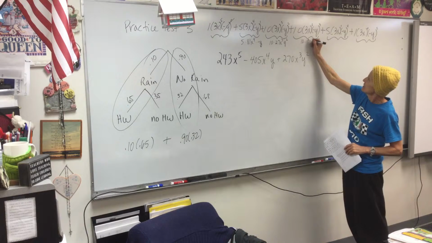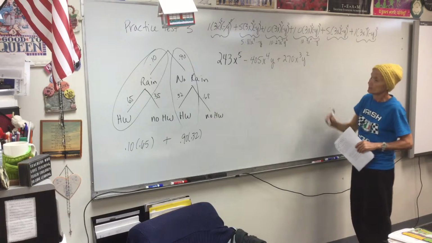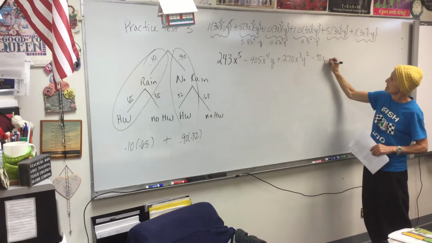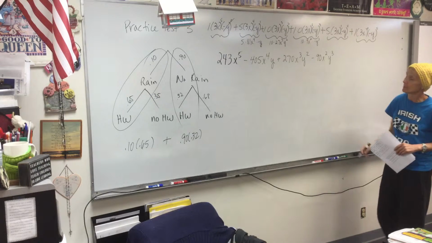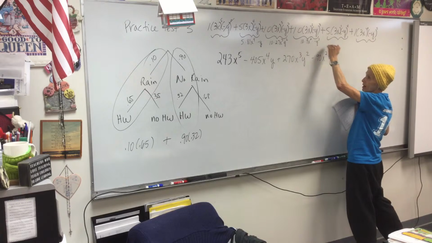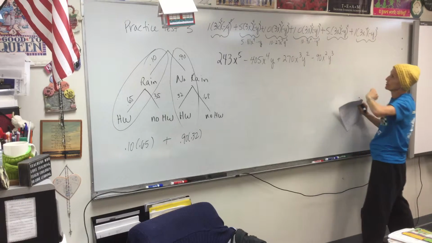Now I've got a 10, a 9x squared, and a negative y cubed. That's a negative 90 x squared y cubed. Again, this is not a subtraction, this is a multiplication problem. 10 times 9x squared times negative y cubed.